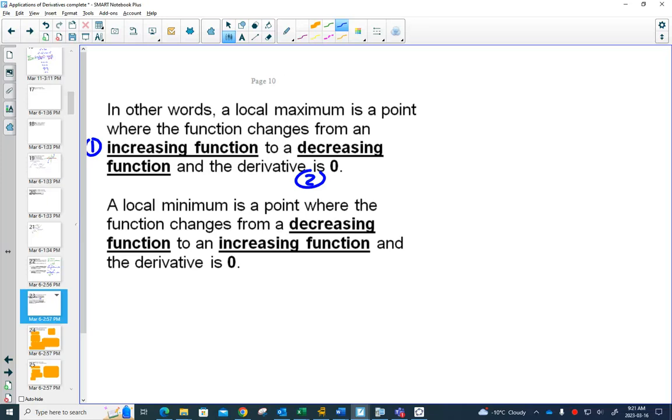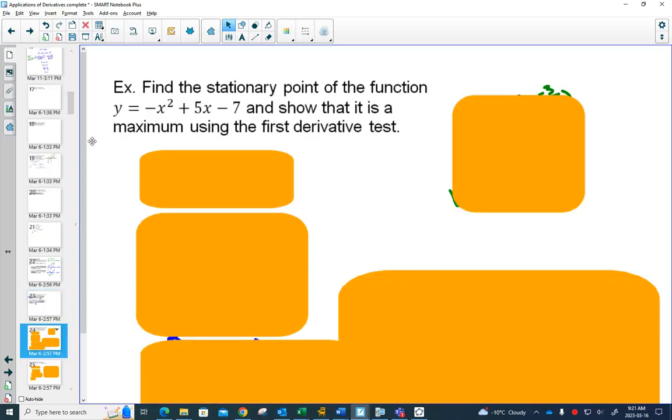So if you remind yourself that you always need 2 reasons, right? Changes from decreasing to increasing and the derivative is 0, then you're fine. So there's always 2 reasons to show something is a max or a min. So here's an example.